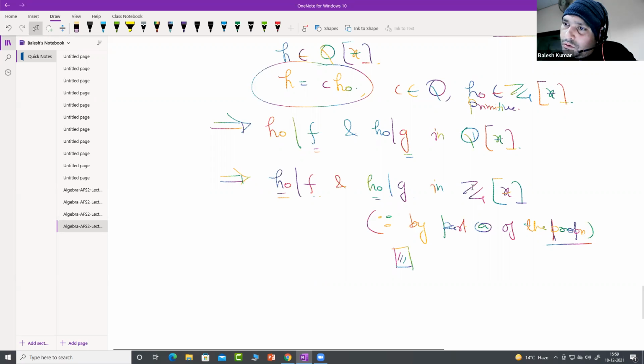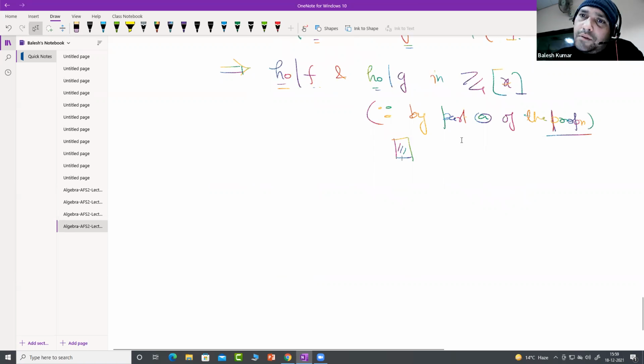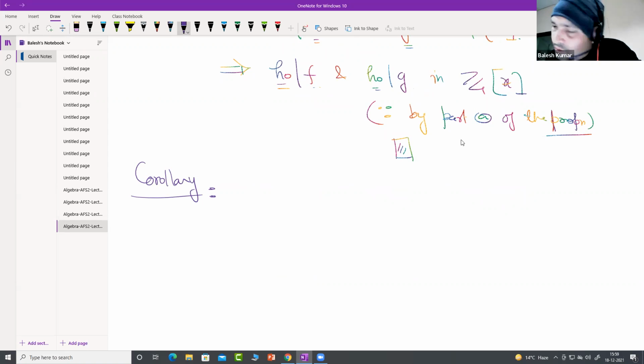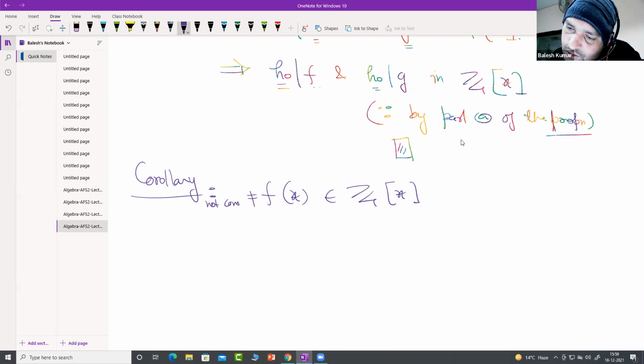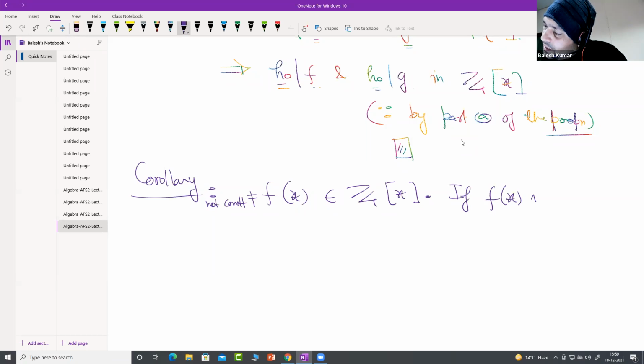Okay, if there are no doubts or comments, let us write an important corollary of this proposition. Suppose you are given a non-constant polynomial f(x) belonging to Z[x], and suppose f(x) is irreducible in Z[x].